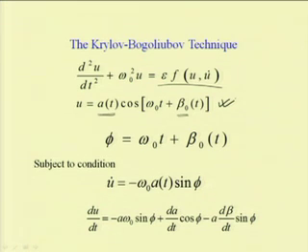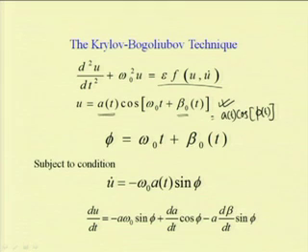By taking phi equal to omega 0 t plus beta 0 t, u can be written as a t cos phi t, where phi is a function of time.